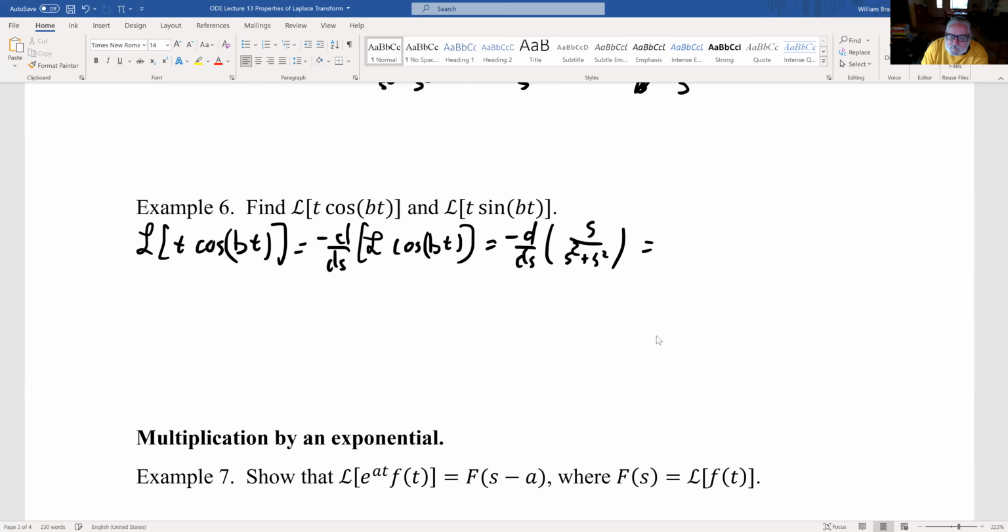So we have to use a quotient rule here. The derivative is going to be, that's the minus sign out front, times s squared plus b squared, which is the bottom, times the derivative of the top, which is 1, minus the top times the derivative of the bottom, which is 2s, all over s squared plus b squared, quantity squared.